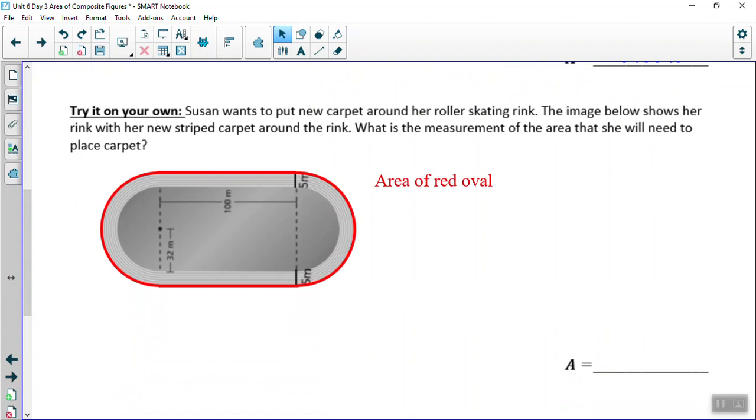And to know your total height and length, or width and length for the rectangle. The next thing you need to do then is find the area of just the inner oval, just that inside oval. Once you've done that, you're going to subtract them. So now I want you to go ahead and make sure you do the rest of that.